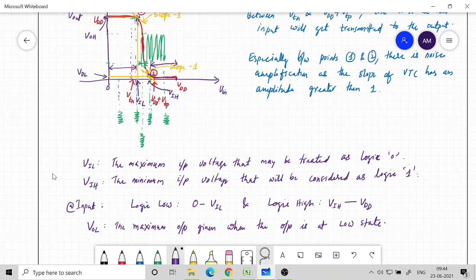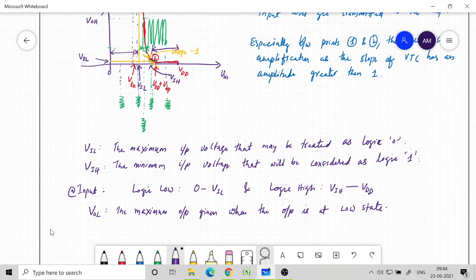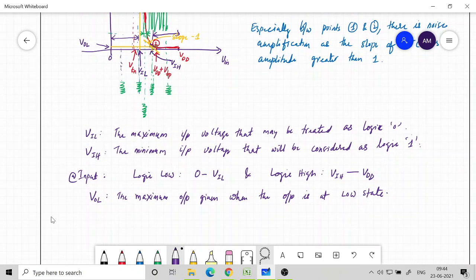This is the maximum, because if you increase the input beyond VIH, then you are going to get 0 as the voltage. But the maximum output voltage corresponding to the low state output is VOL.